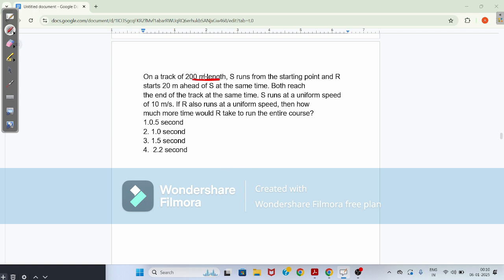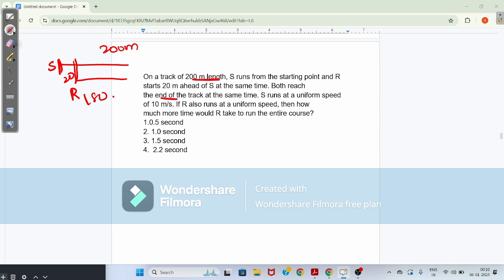On a track of 200 meters, this is the track. S runs from the starting point, and R runs 20 meters ahead of S, which means this is the starting point of R. The distance covered by R is 20 meters less, so S runs 200 meters and R runs 180 meters.